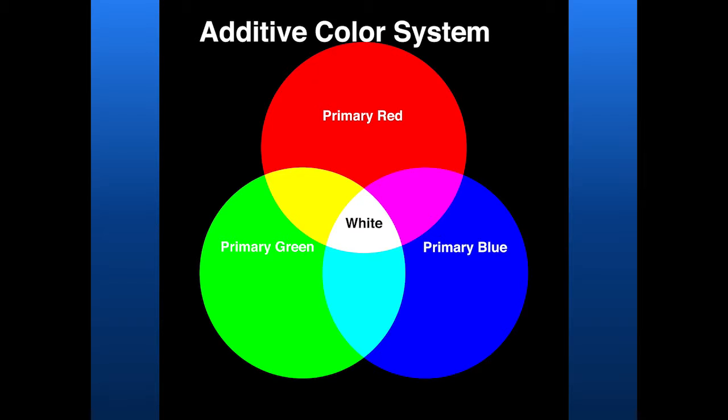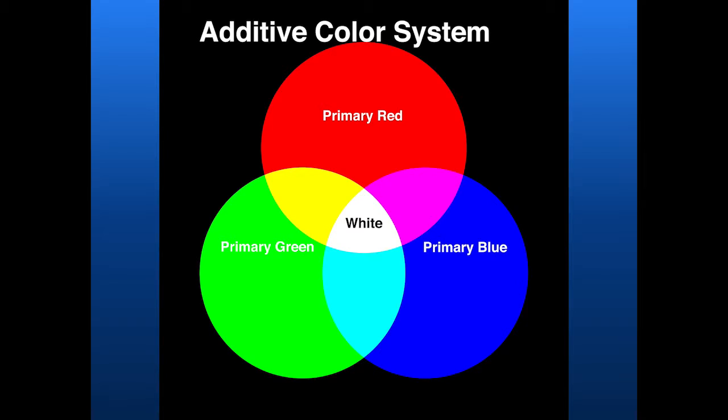Now you remember that we are using the additive color system with video: red, green, and blue. And when you mix them together, they make white because they are lights. They are the actual pixel dots of light. They are the rasters on your screen, and they are shooting light at you.